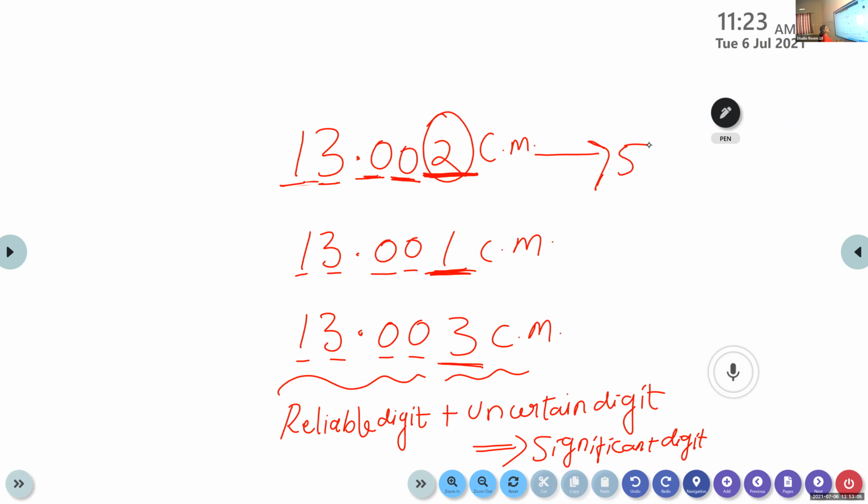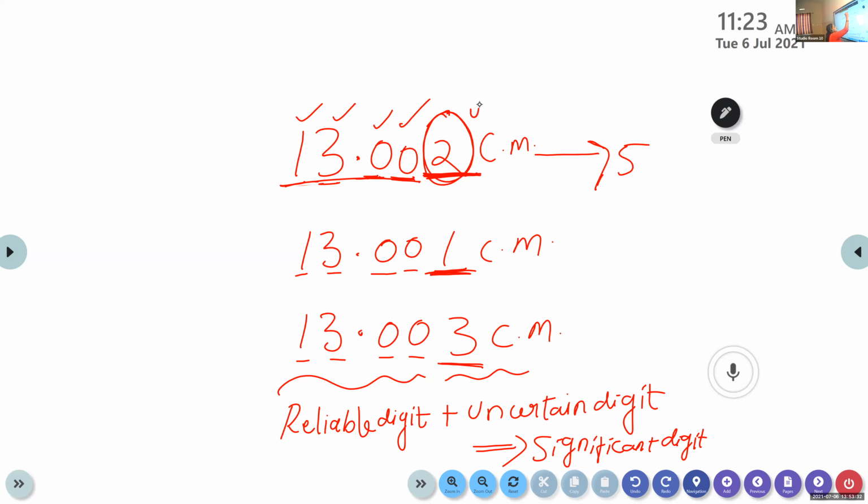So significant figure or significant digit is the combination of reliable digits plus the uncertain digit. Here we have 4 reliable digits: 1, 3, 0, 0. These 4 digits are reliable in nature. And the last one, the 2, we are not sure about this measured value. It is uncertain because it changes in each measurement.